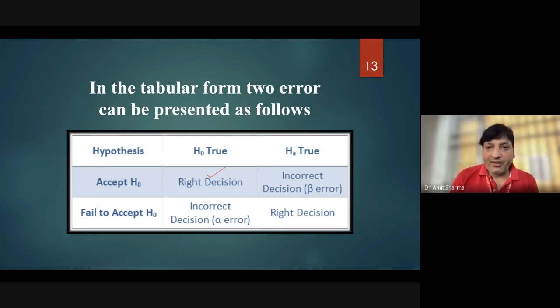When the alternative hypothesis is true and we accept the null hypothesis, it is called an incorrect decision, and it has occurred due to a beta type of error. When the null hypothesis is true and we fail to accept it, this is also called an incorrect decision due to alpha type of error.